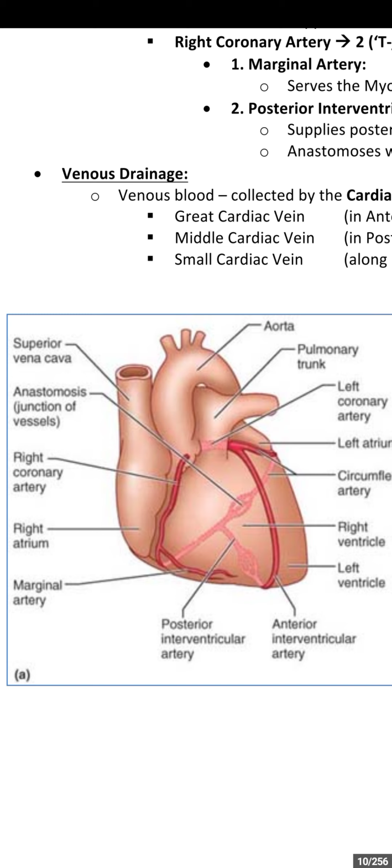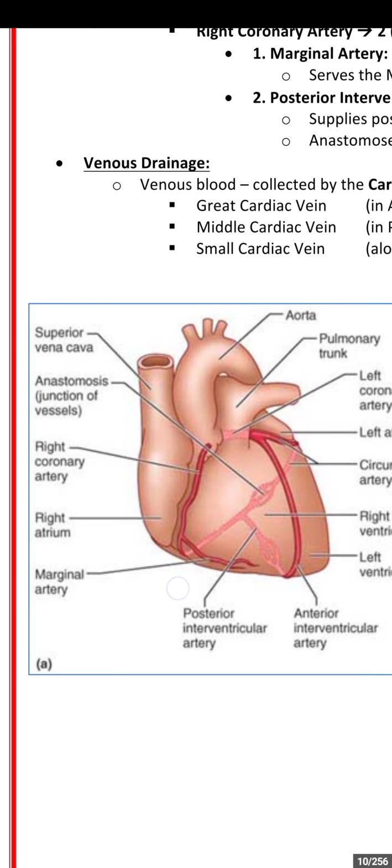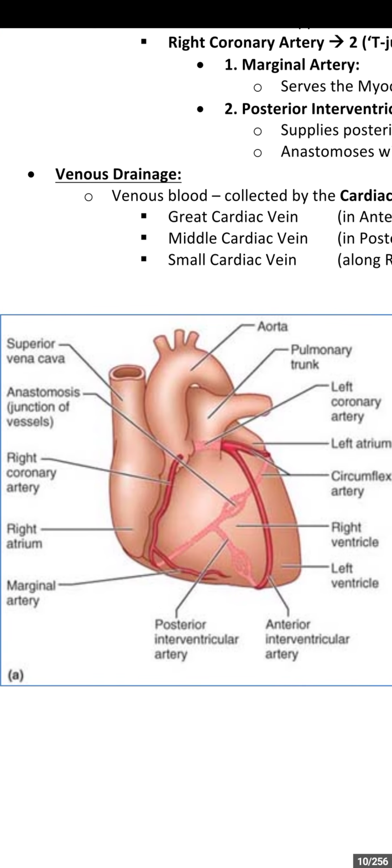As you can see, the posterior intraventricular artery is on the posterior side of the heart, and the anterior intraventricular artery is in the anterior portion. You can also see the extension of the coronary artery, the right coronary artery, and the marginal artery.